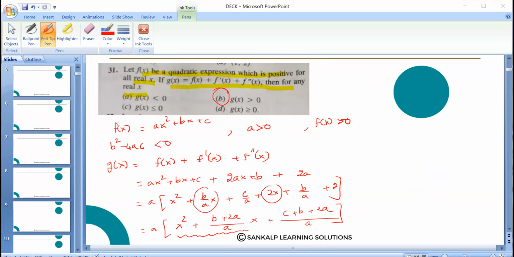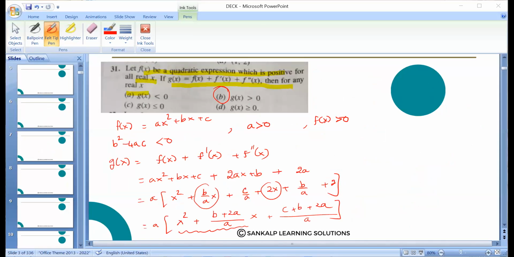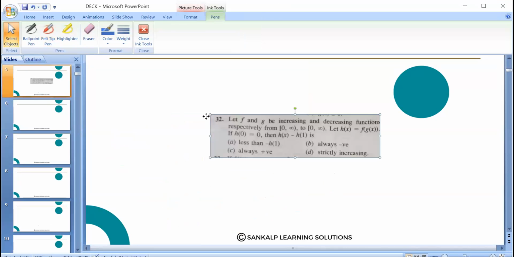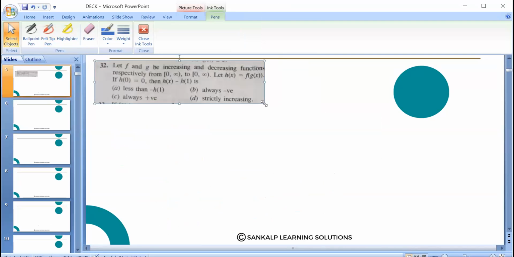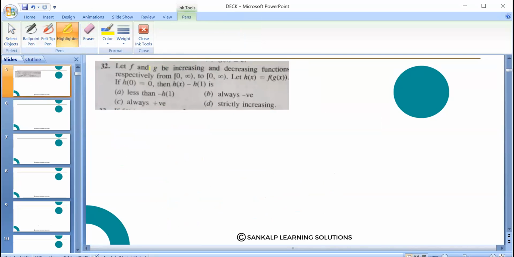Next, moving on to question number 32. Let f and g be increasing and decreasing functions from 0 to infinity to 0 to infinity. H of x is f of g of x. H of 0 is 0.